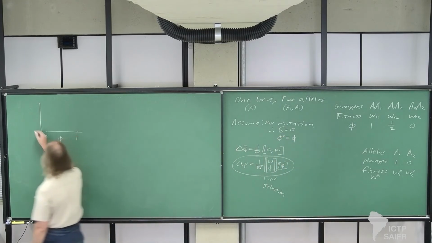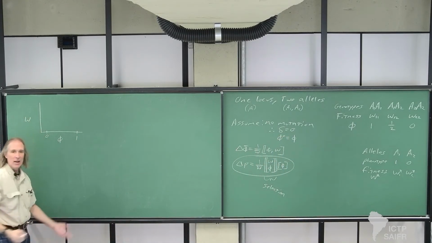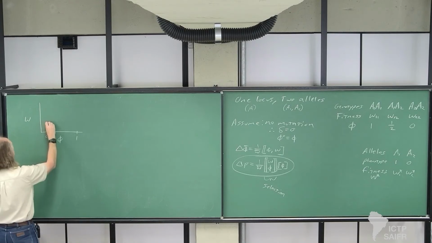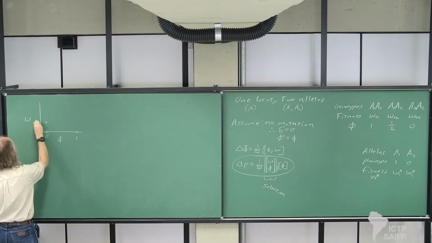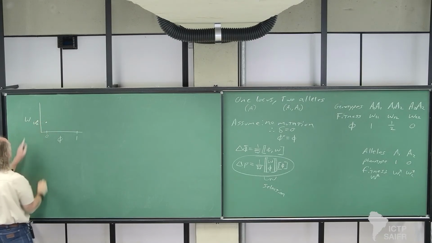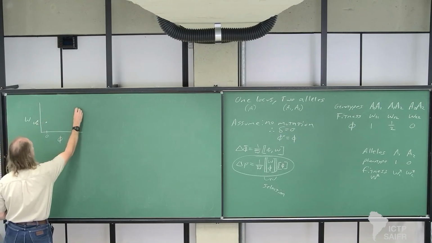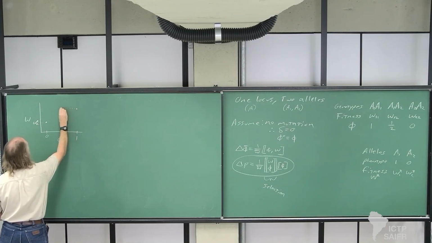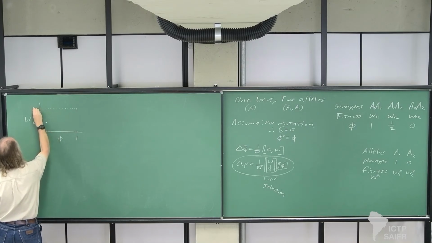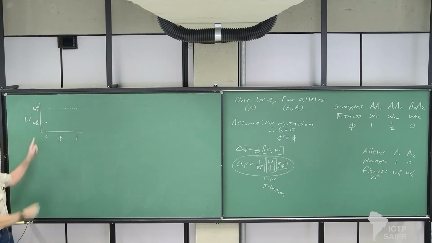And what's fitness? Well, it's those marginal fitnesses. So this one would be W2 star, because this is the fitness of the A2 allele, and its phenotype is 0. And this one might be up here, W1 star. I could have put those anywhere.